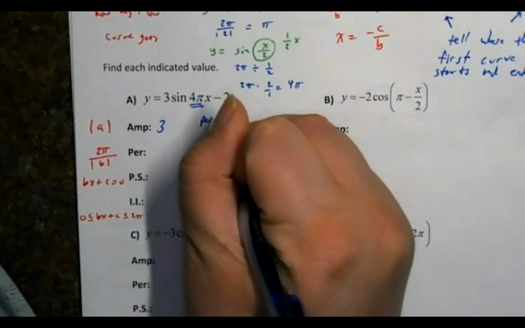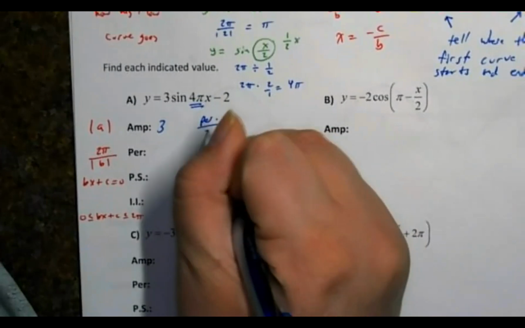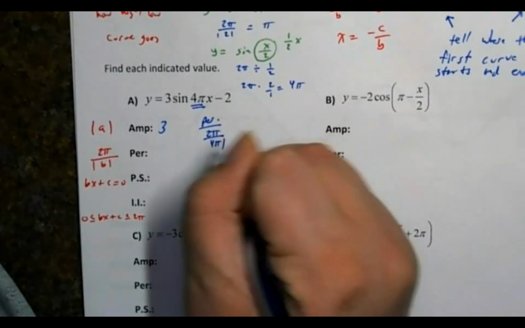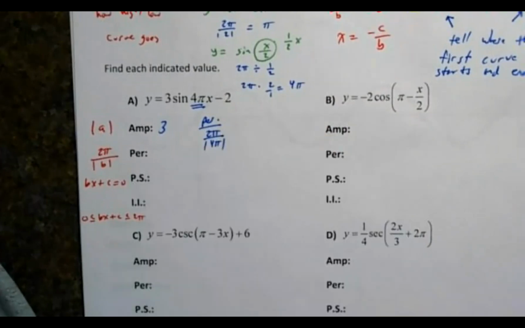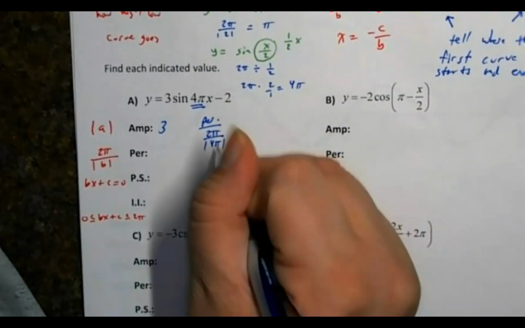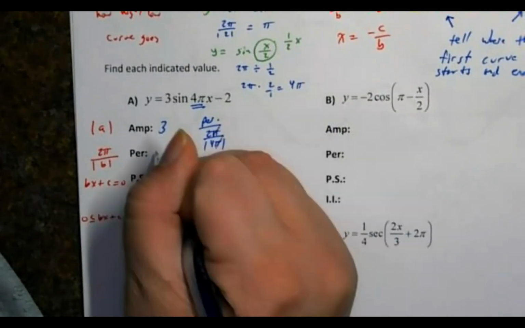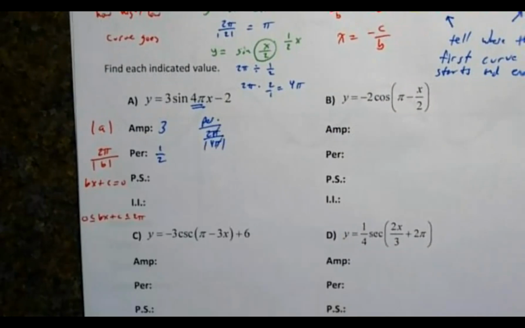So the period is 2 pi divided by the absolute value of 4 pi. Well, 2 pi divided by 4 pi, the pi's reduce, is 2 over 4, which is 1/2. So the period of this curve is 1/2.